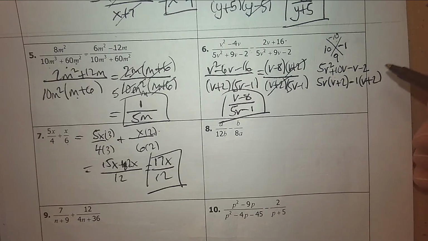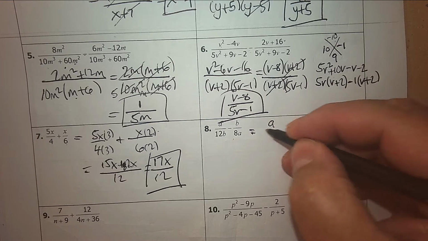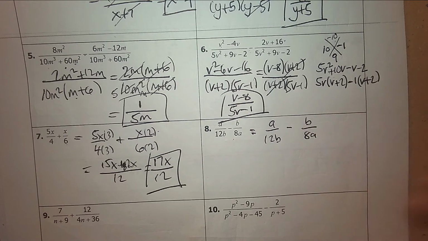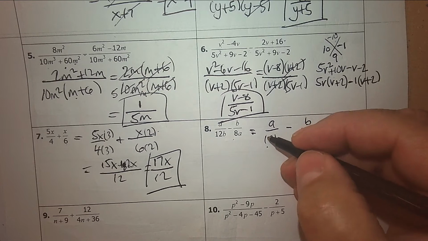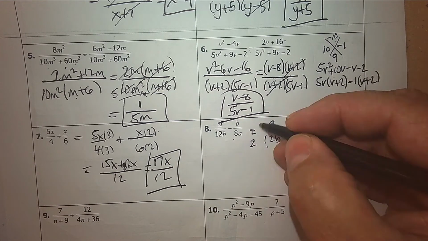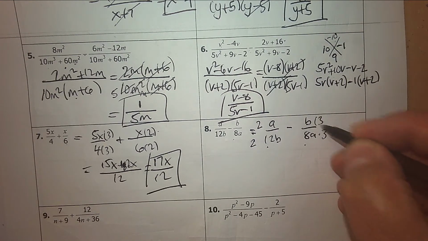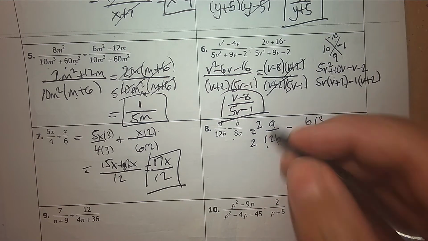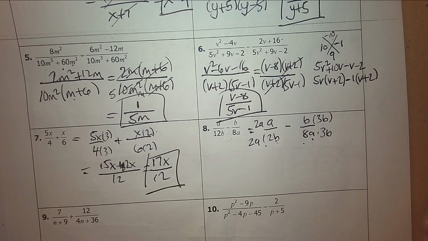Common denominator. So I'm going to rewrite it to have more room. So I look at 8 and 12. They both go into 24 evenly. So first I'm going to multiply top and bottom by 2. And this one will be top and bottom times 3. And then the second thing is, one is an A and one's a B. So the first one needs an A, and the second one needs a B, so that the denominators can be the same.